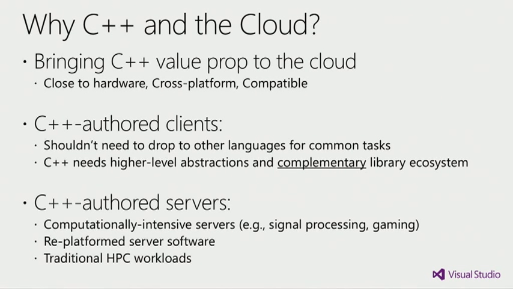When we started this project, a lot of the pushback was, why would you do C++ in the cloud in the first place? Why would anybody care? And we think that while it may not be the silver bullet for all applications, C++ has a lot to offer these types of scenarios. One is, of course, the closeness to hardware, the compatibility across platforms, and just raw performance in the core paradigms of the language.